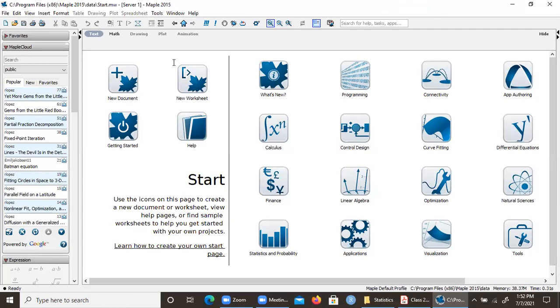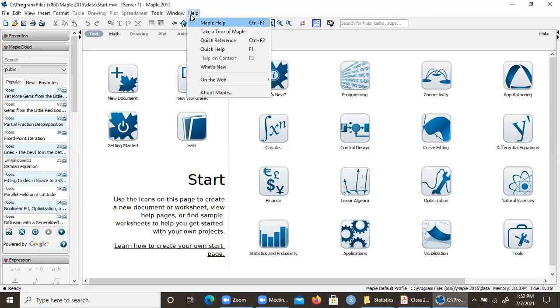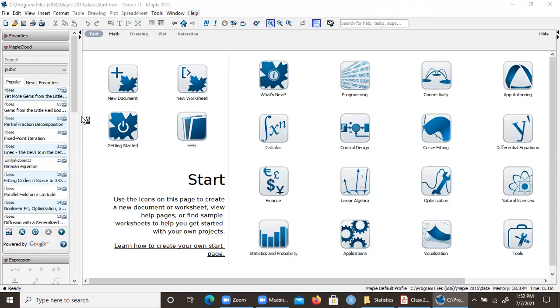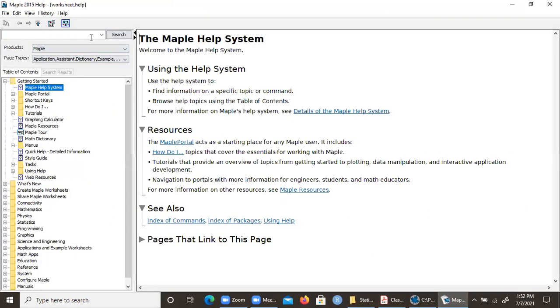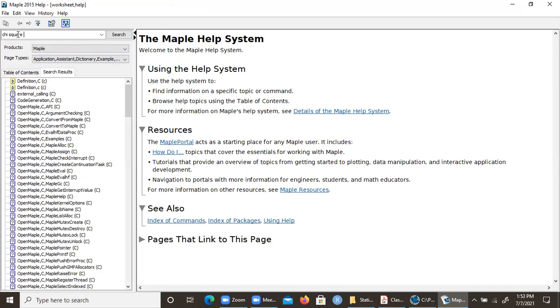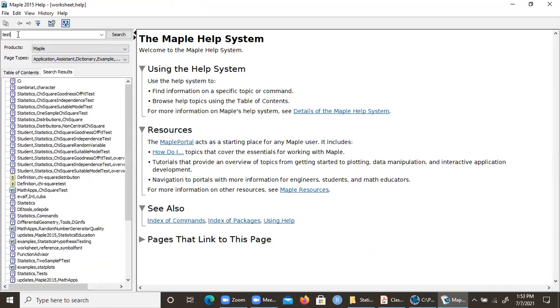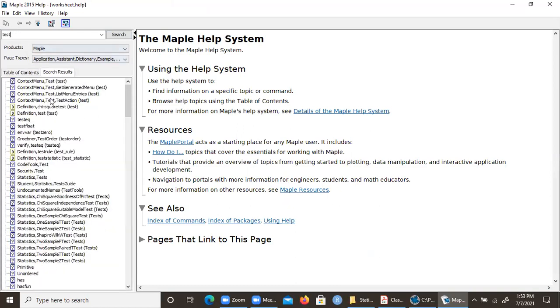So what we do, we go to the help section, we click on this, then this particular page opens. Here we write what we want. So we write chi-square test, and then you have to search for it.